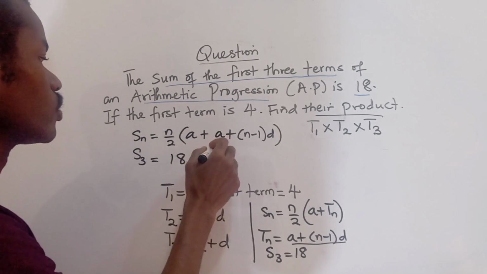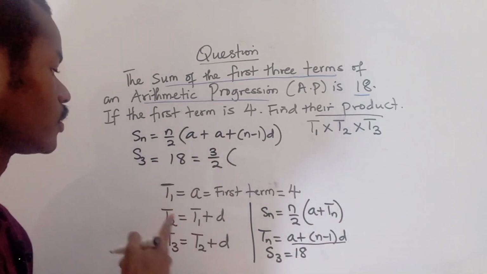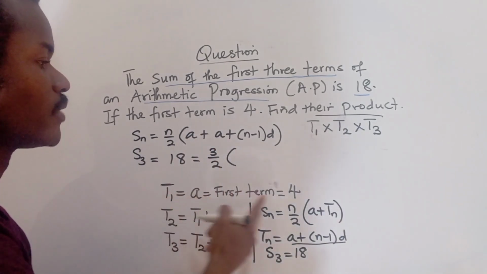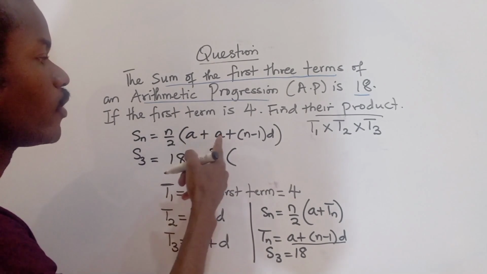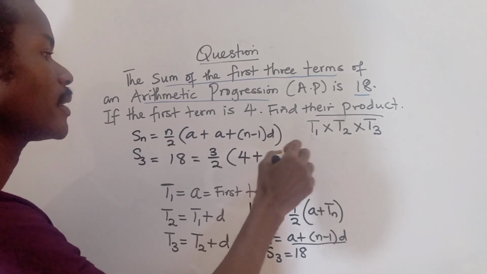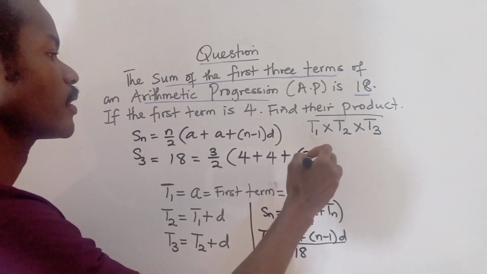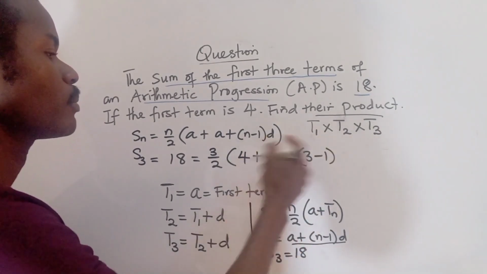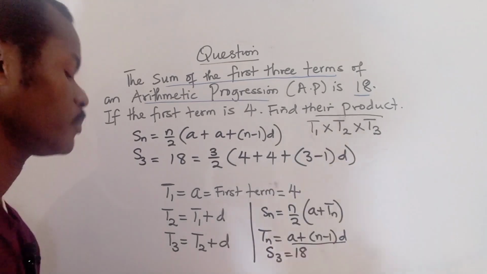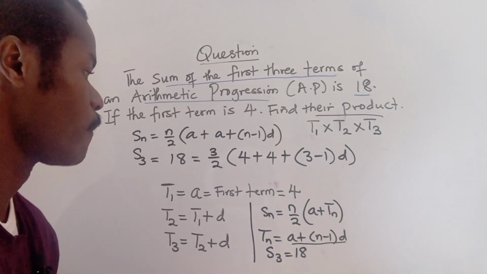So we have 3 over 2, bracket our a, T1 or a, the first term is 4, so this is going to be 4 plus 4, plus our n here is going to be 3. So we have 3 minus 1 multiplied by d, which is what we are going to be solving for.